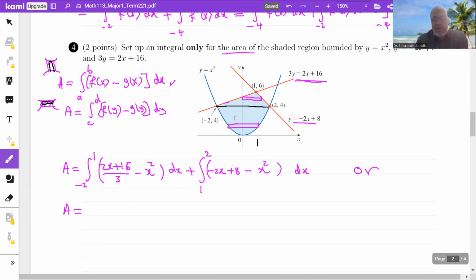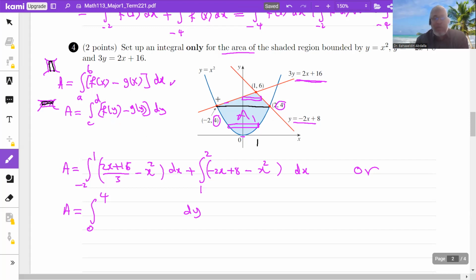Let us start with the one here below, this region. Okay, let us find the area of this region. Well, here I'm using a horizontal rectangle, so the width is delta y. So I need to use delta y. Okay, y runs from where to where? Well, y here is 0 up to 4. Okay, so y is from 0 to 4. The function to the right minus the function to the left, but it has to be x equals.